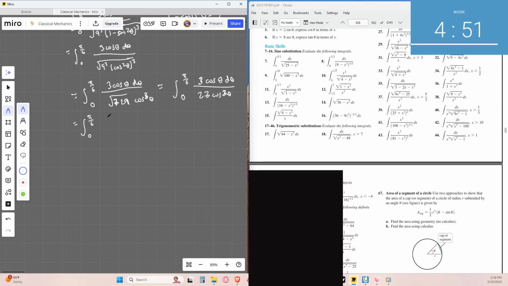Then, oops. So then this will go into theta, and then this will turn into 9 cosine squared.